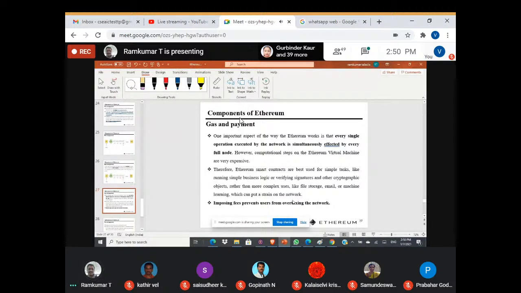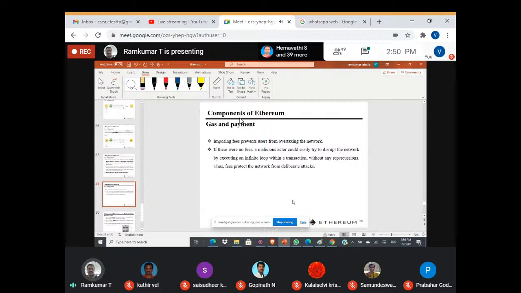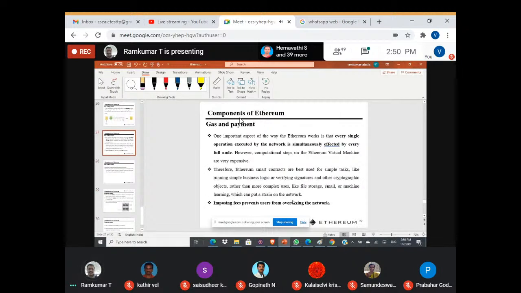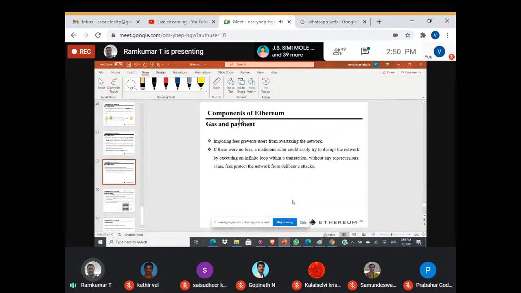For that reason, we do not want to put that much data into the network. In order to prevent what we call overtaxing, we don't want to push all of our unnecessary data into the blockchain. So that is why we are doing it.